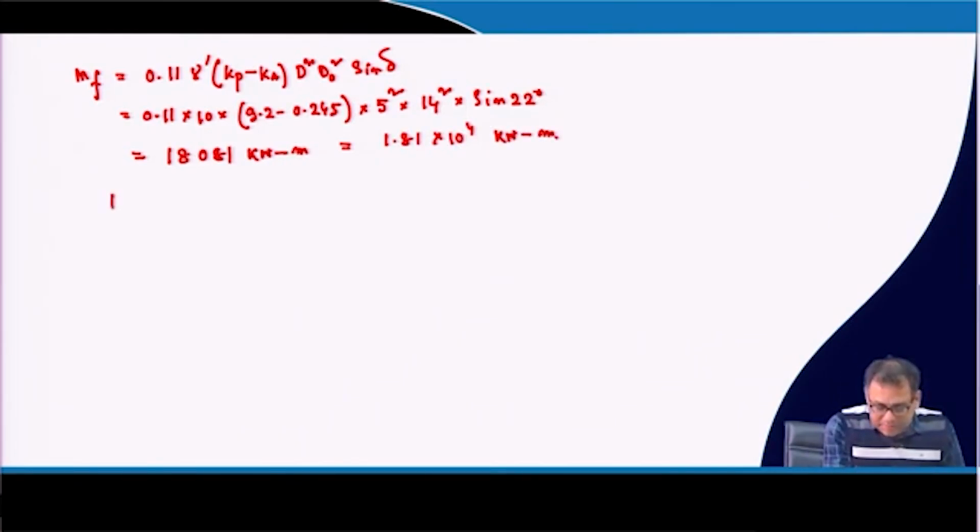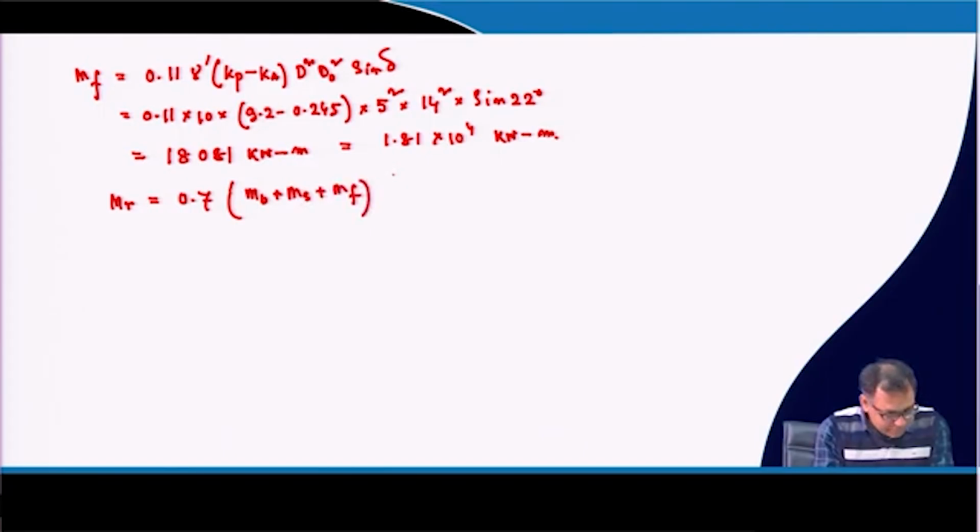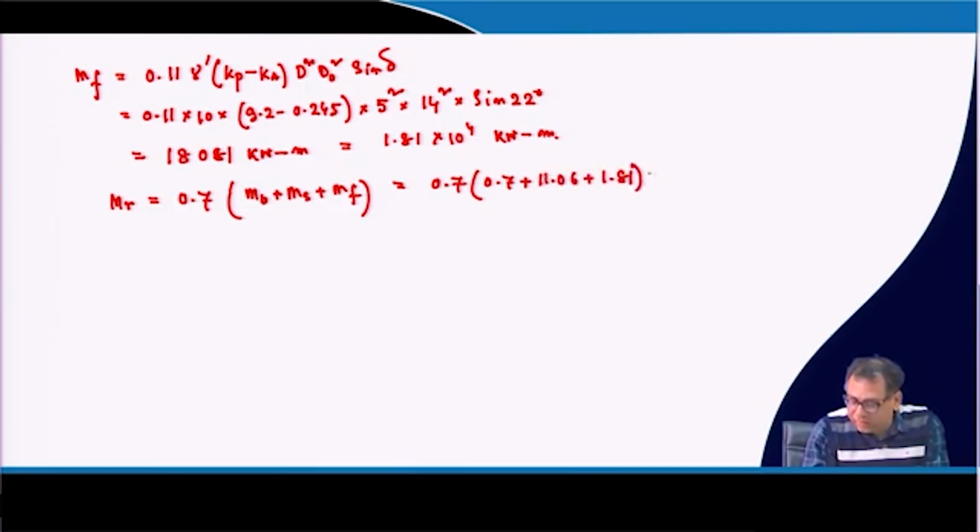So, the resisting moment Mr is equal to 0.7 times of Mb plus Ms plus Mf. So, that is equal to 0.7 times of 0.7 plus 11.06 plus 1.81 into 10 to the power 4. So, that is 9.5 into 10 to the power 4 kilonewton meter.